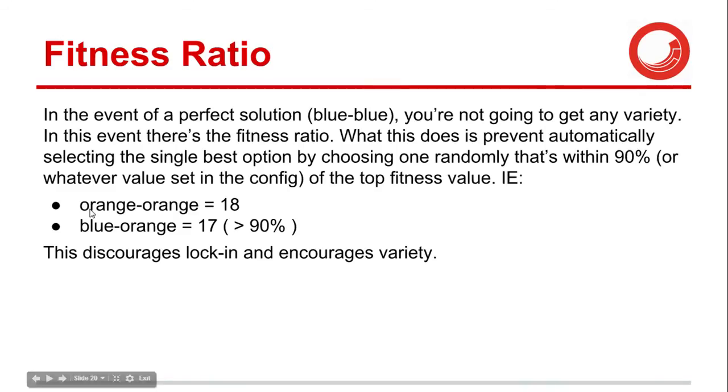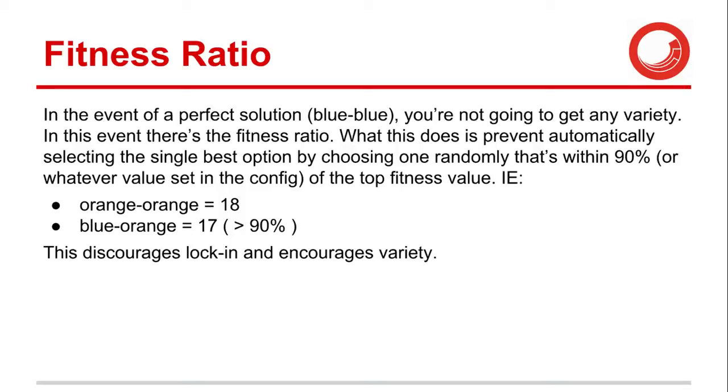Now the fitness ratio. Let's assume we have a perfect case, which is orange, which gives you 18. That's your top value. But you don't necessarily want the top value; you still want a mix. In some cases maybe you don't, and you can set the fitness ratio to 100%.